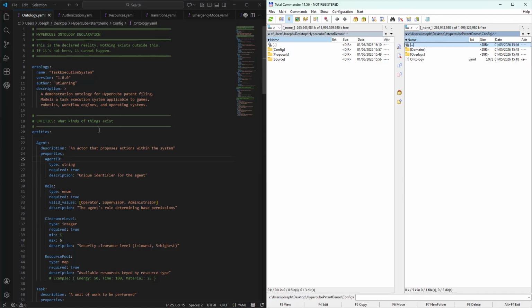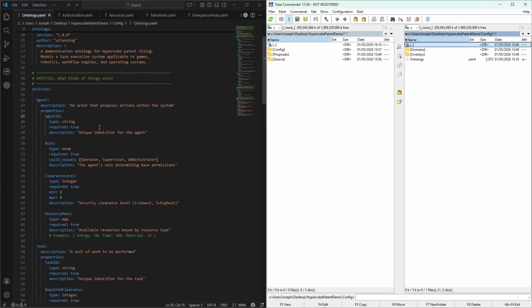We begin with 3 entity types. Agents, actors that propose actions. They have roles, clearance levels, and resource pools. Think of the agents as characters in this context.